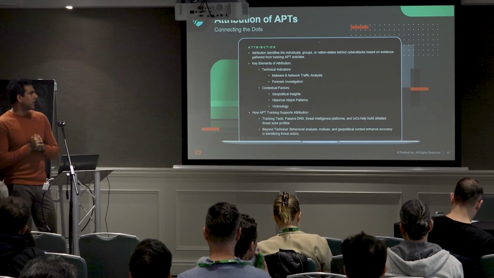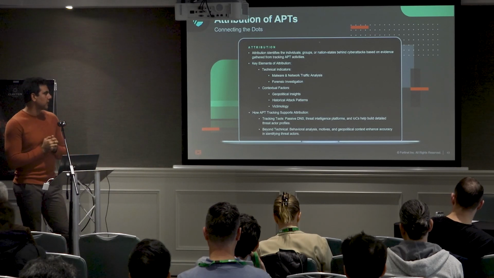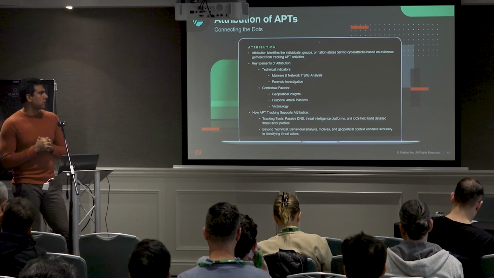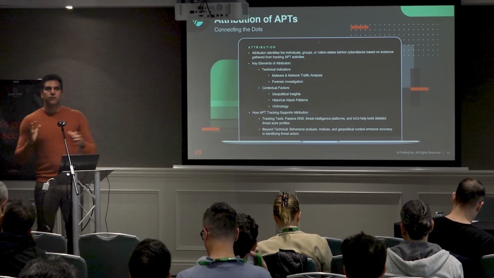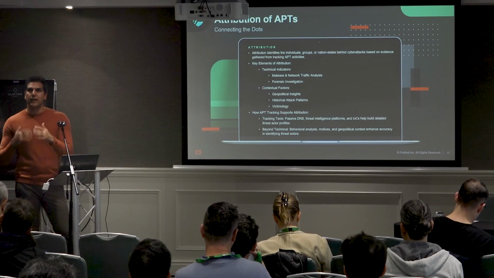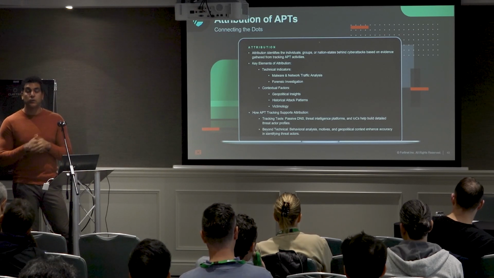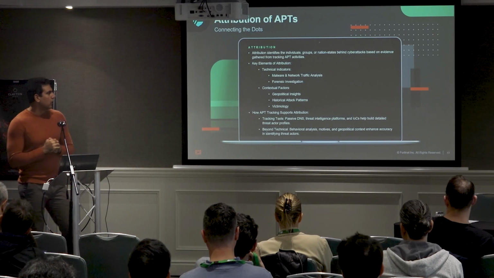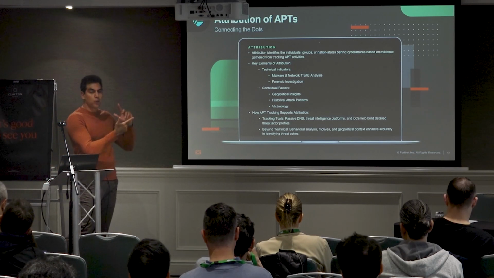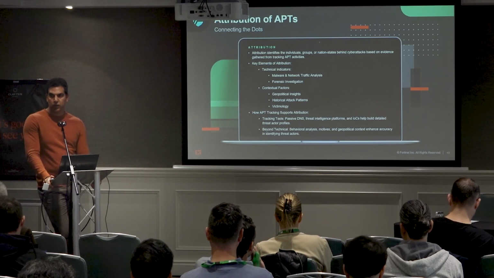And then the second category, which is really important for attribution, is contextual factors. It's where we try to analyze the victims, look at the geopolitical situations, and try to understand the motives behind an APT campaign. So it's really important to have these two views together to have a very solid attribution.